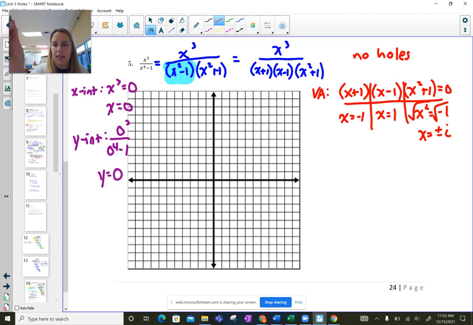Okay, cute. So let me just start graphing here. Make sure we have some things taken care of. So I have a vertical asymptote of -1, vertical asymptote of +1. I have an x and a y-intercept of 0. Okay, so now let's see our horizontal asymptote.